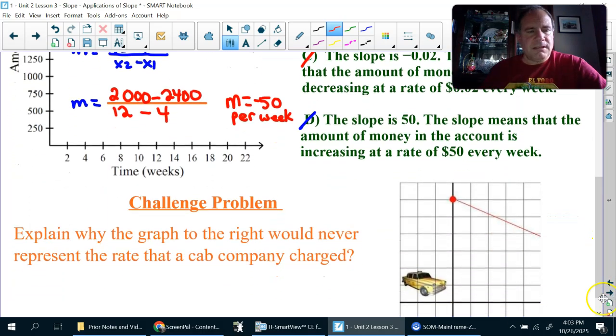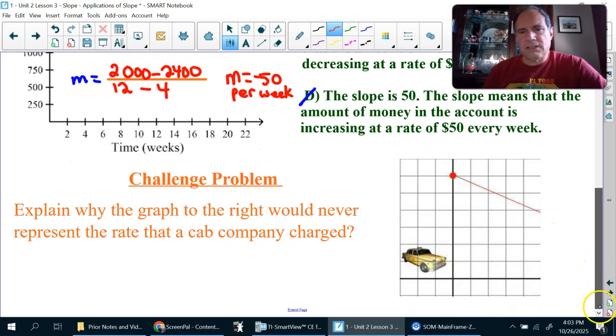All right. The challenge problem: explain why the graph to the right would never represent the rate a cab company charges. So obviously, this is probably money right here.